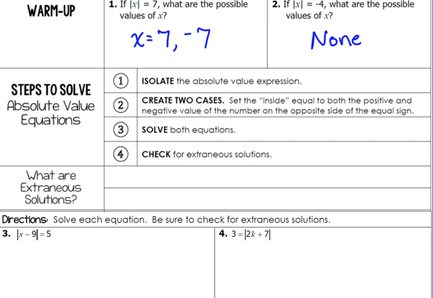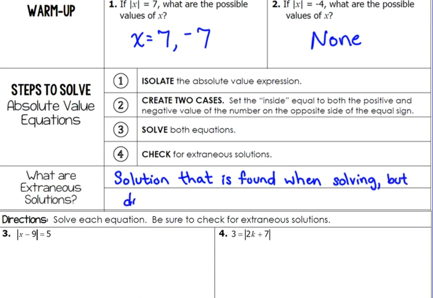An extraneous solution is a solution that is found when solving but does not actually work.